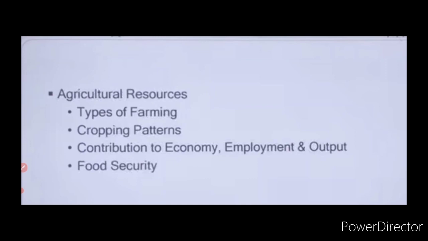Then agricultural resources, so types of farming, cropping pattern, contribution to economy, employment and output, and about food security also. In types of farming, there are a lot of types of farming, so about it. And cropping pattern also.